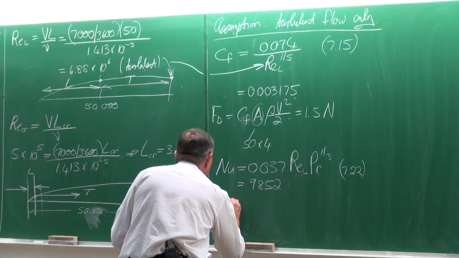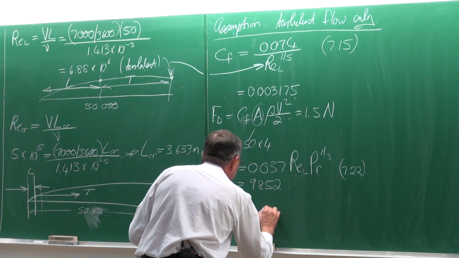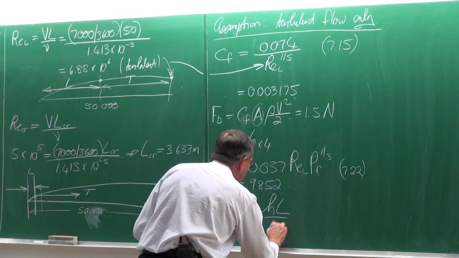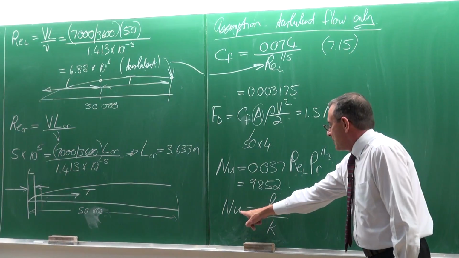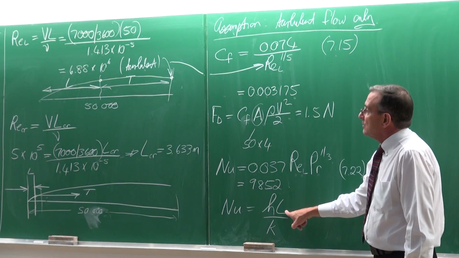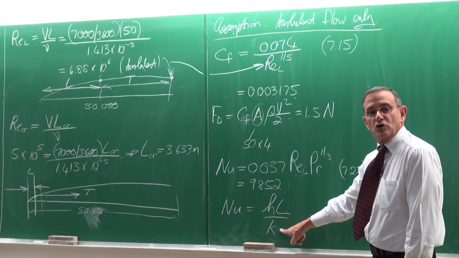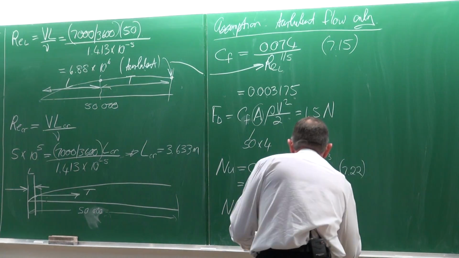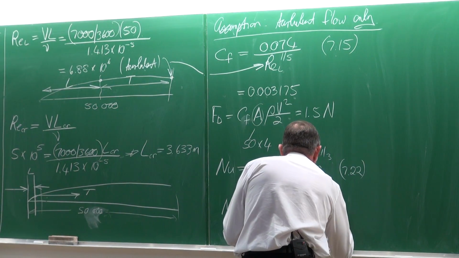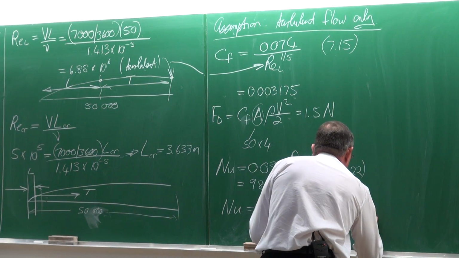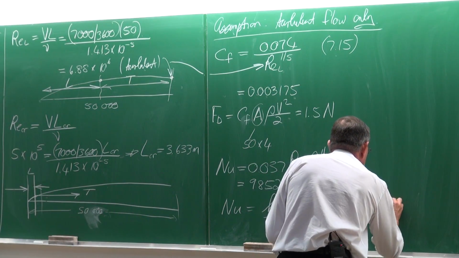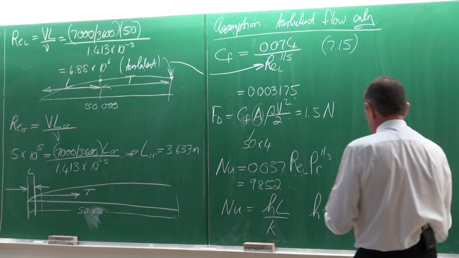The Nusselt number is also equal to the heat transfer coefficient multiplied by the length divided by K. There's the Nusselt number. The length we have is 50 meters. The thermal conductivity we have, and from that we can get the heat transfer coefficient as equal to 4.784 watts per square meter degree Celsius.